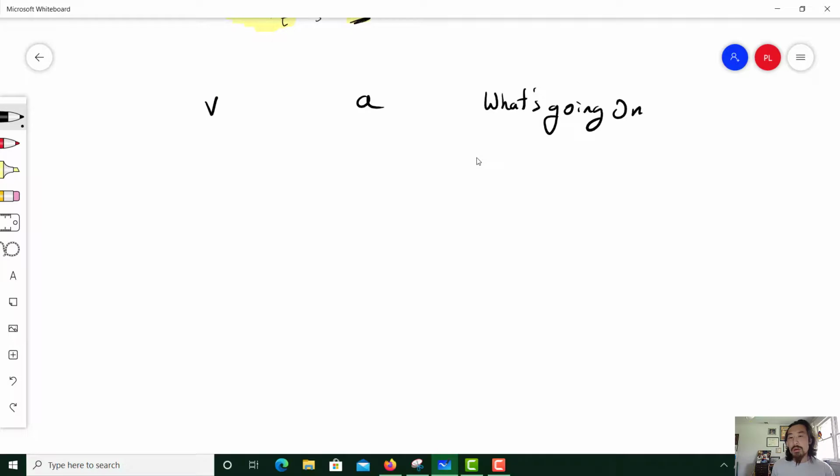What's happening with the object? All right. So if we have an object with a positive velocity, all that means is that it's moving in the positive direction. For our example, we'll just say it's moving to the right. And it is accelerating also in the positive direction.